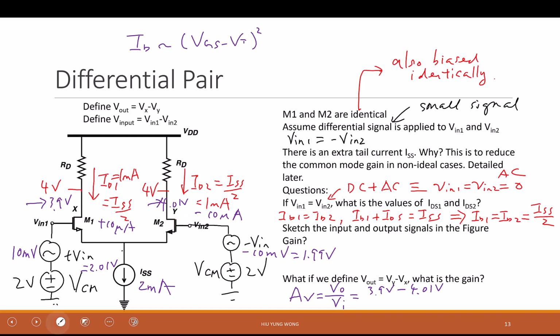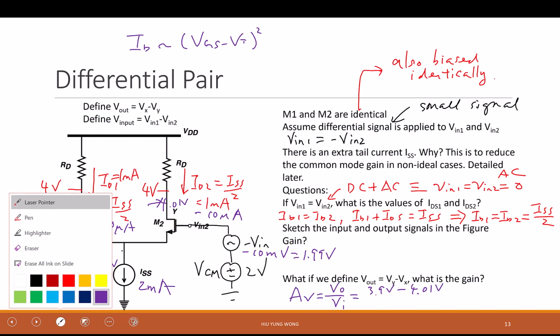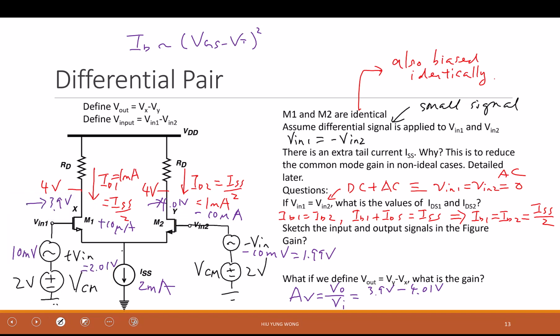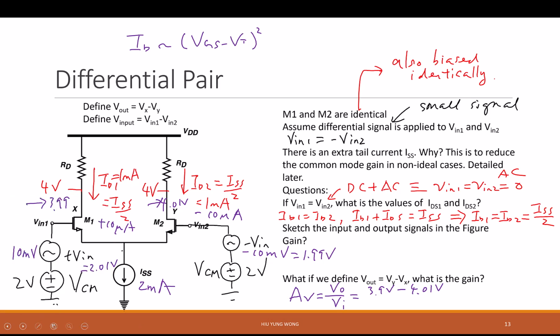Oh yeah, I was wrong, because you need to change by the same amount. Sorry, then there will be no gain, right? So let me change it. Still 3.9, and I want to put 4.1.